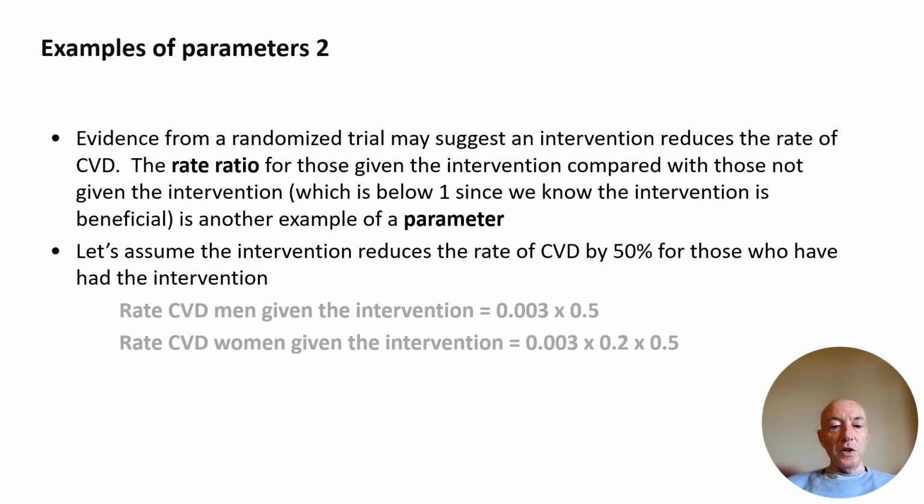Let's assume the intervention reduces the rate of CVD by 50% for those who have had the intervention. So the rate of CVD in men given the intervention is now 0.003 times 0.5. And the rate of CVD in women given the intervention is 0.003 times 0.2 because the rate is lower in women, and then times 0.5 because the intervention has been received.